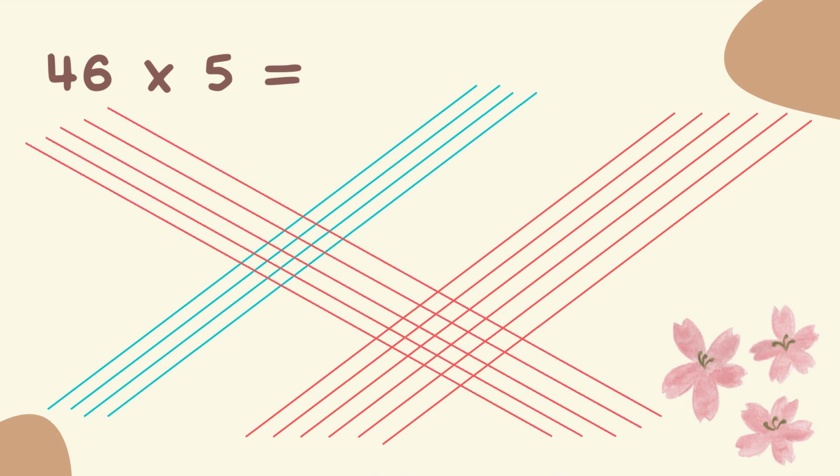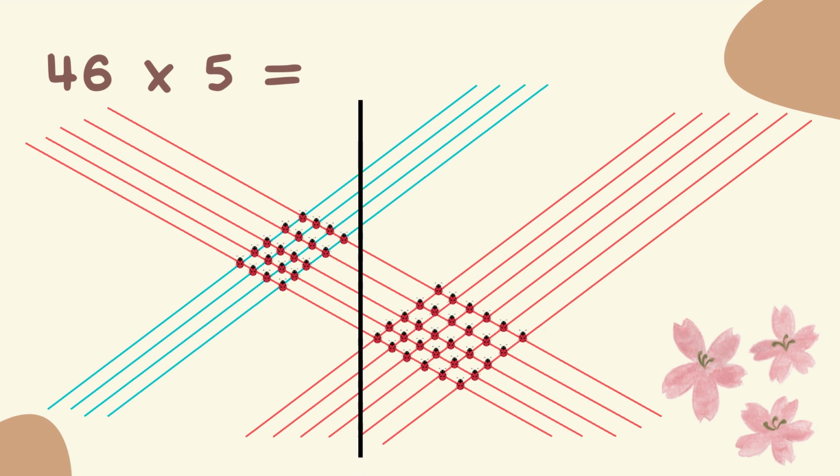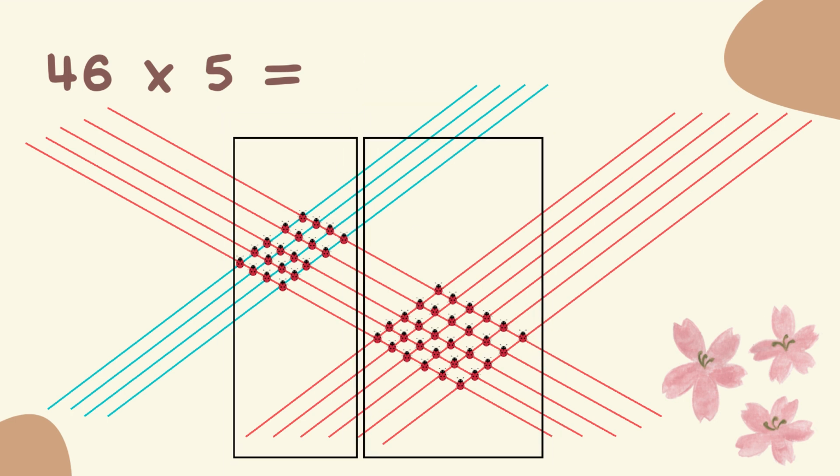Finally, let's draw 5 lines in the opposite direction that represents 5 ones, which are our second factor in the problem. Here come our ladybugs. You can see there are 2 sections on this drawing. You can separate them by simply drawing a line like this, or you can circle each section or draw a rectangular box around it so it would be easy to see.